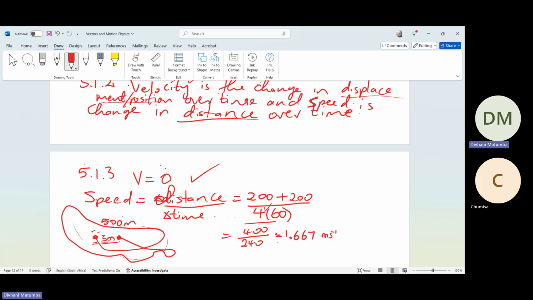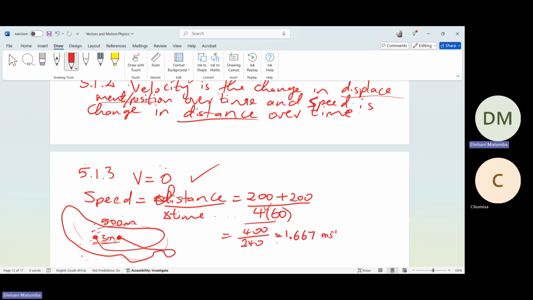So in order for me to calculate the velocity, I'm just going to say 3 meters divided by the amount of time it took me to come back to that point. And if I were to calculate the speed, it would be 500, which is the distance, divided by the change in time, the total time I have used.